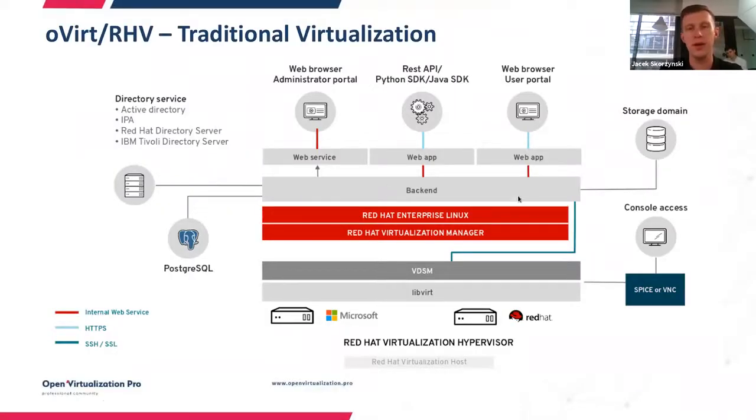The upper layer is our Red Hat virtualization manager. The same for oVirt: the oVirt manager is equal to the Red Hat virtualization manager as an upstream project. This is the layer where we manage everything: our users, our virtual machines, our network, storage, and so on.